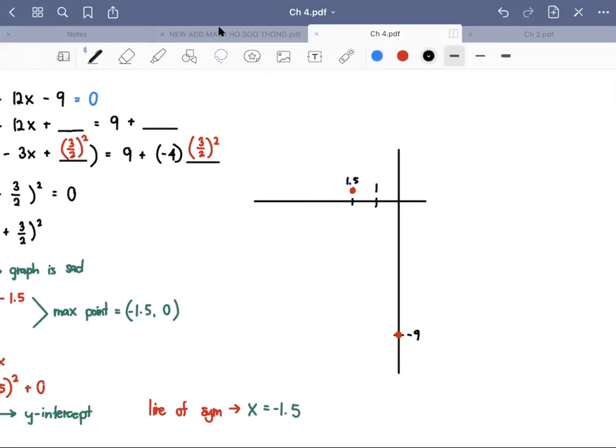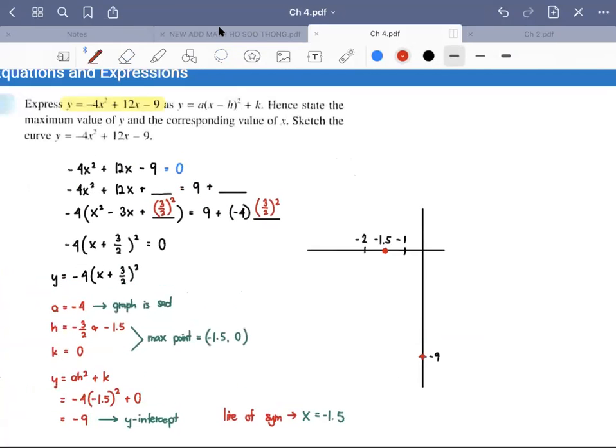This is 1, and then this is 2. So 1.5 should be here, or -1.5. All right. So here you go.